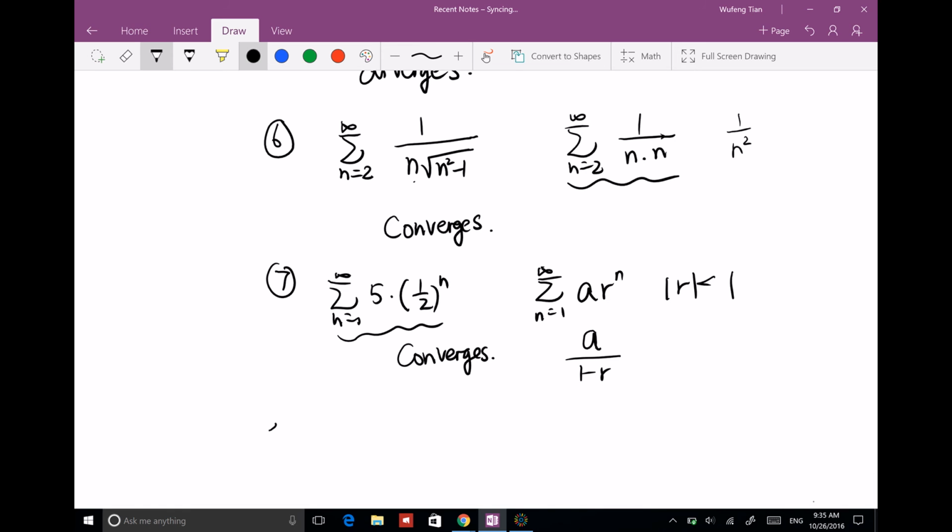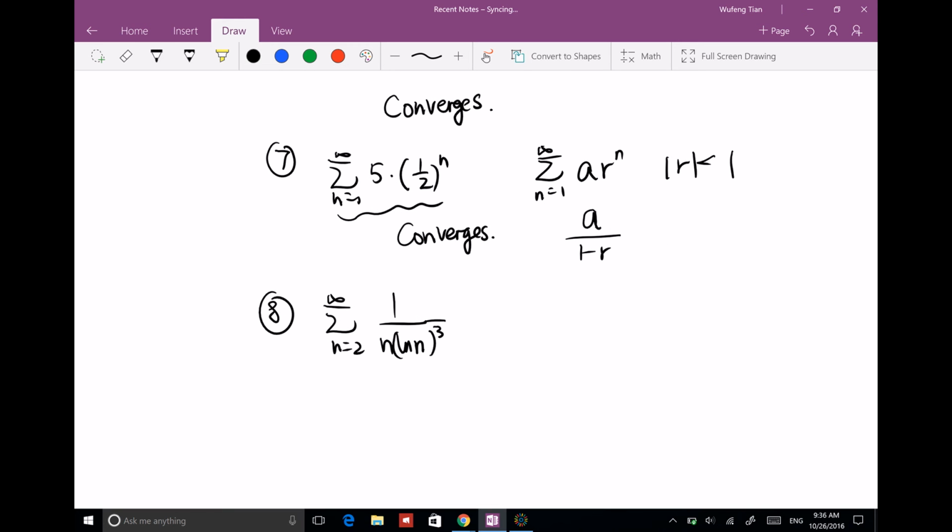So next one, n from 2 to infinity of 1 over n times ln n cubed. Can you determine if this one converges or diverges? I'll give you 2 minutes to work on this one.